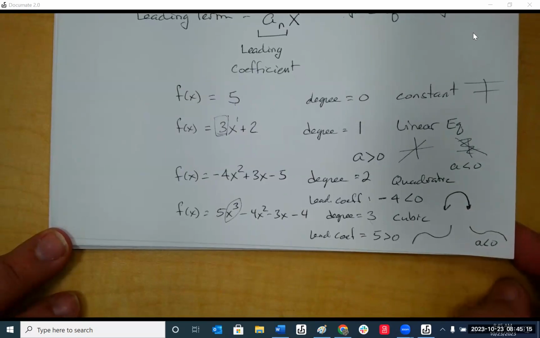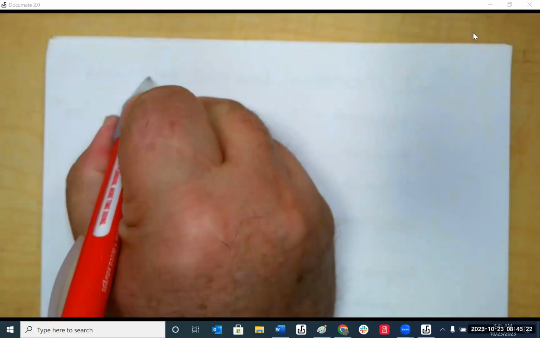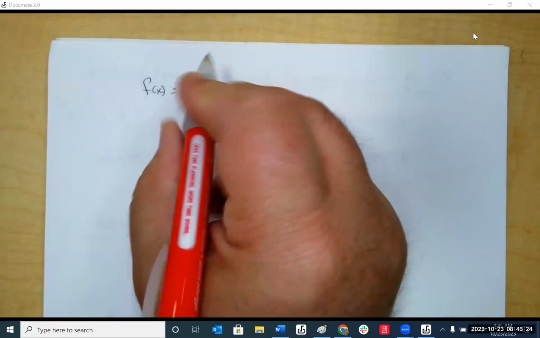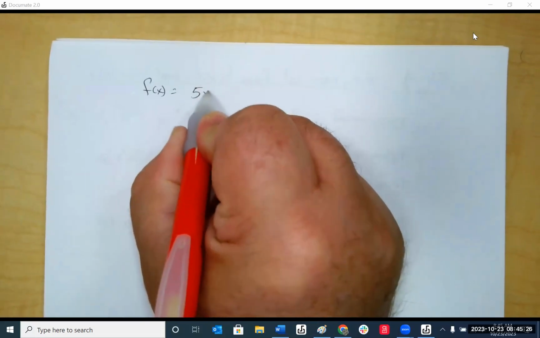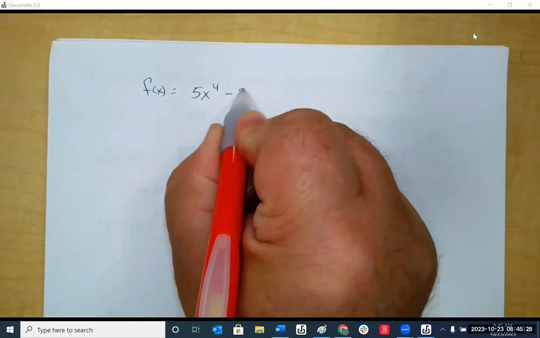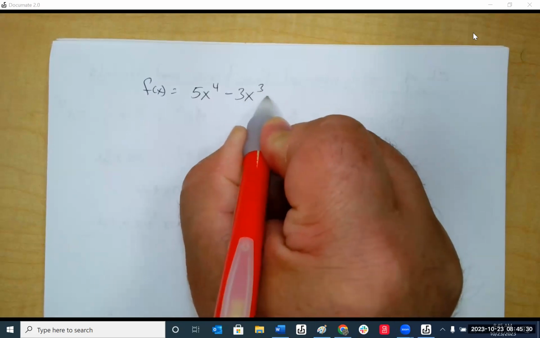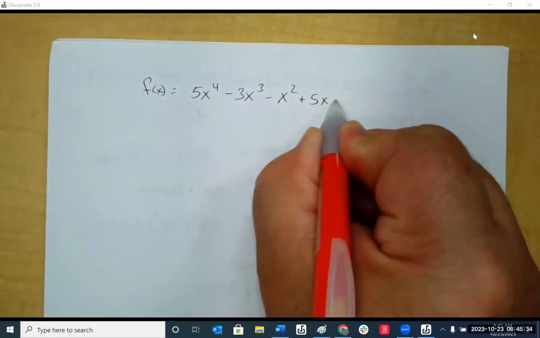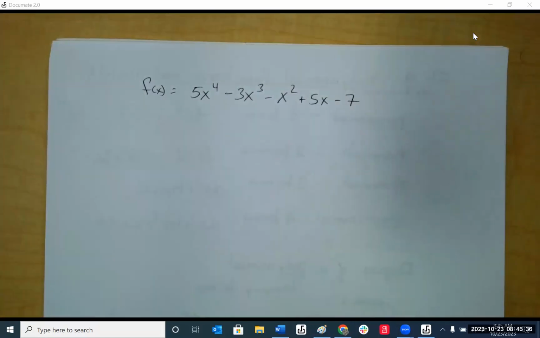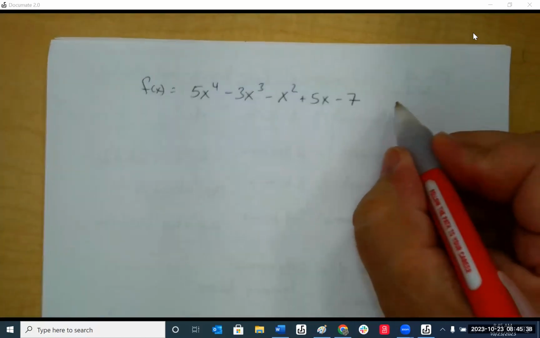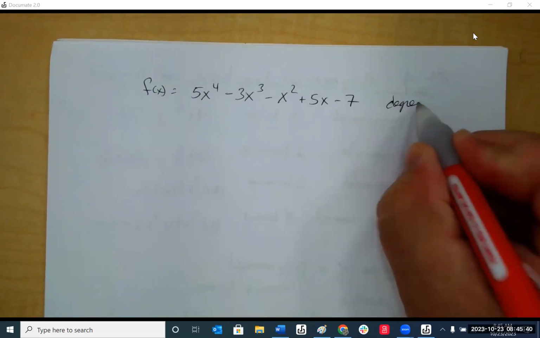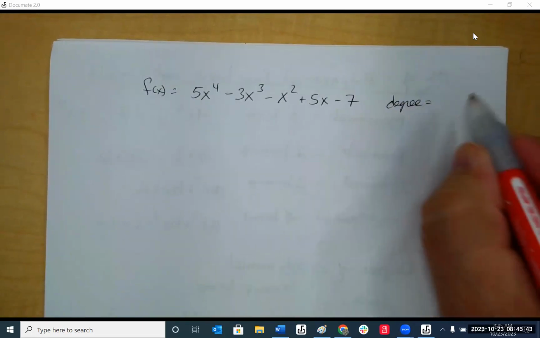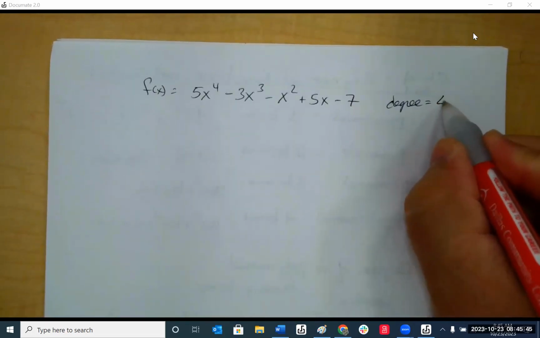We'll do one more. We'll do quartic. We'll call it quartic equations. The degree is 4.